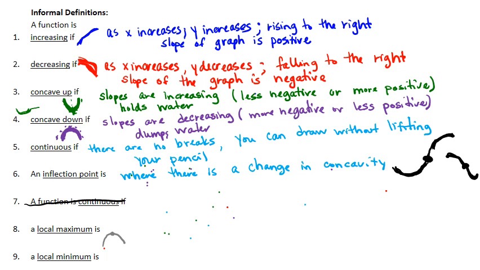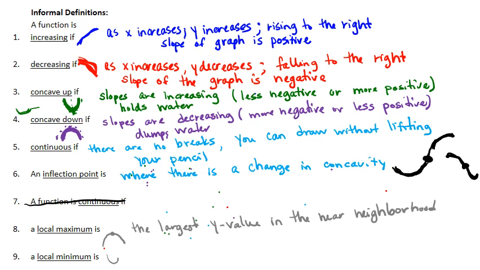So a local maximum is the largest y value in the near neighborhood for a graph. How's that for a very formal definition? We will get a better definition once we know some calculus of local maximums.